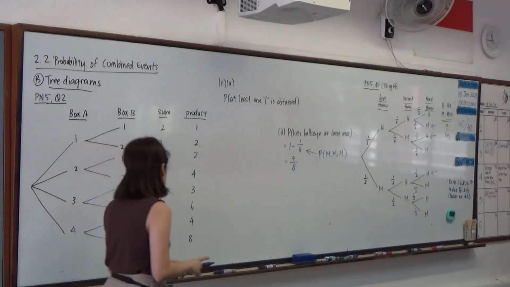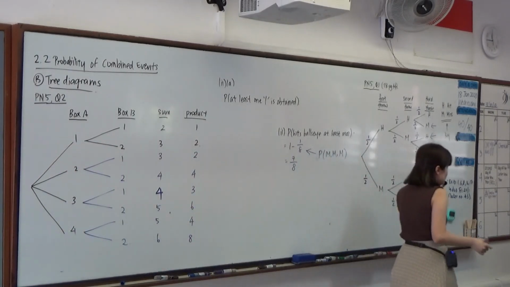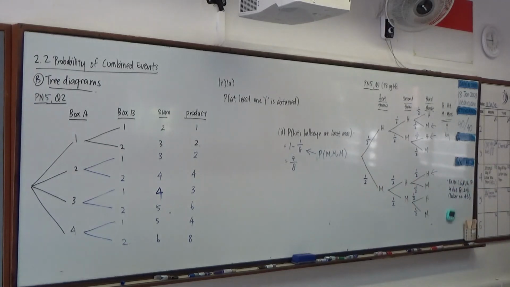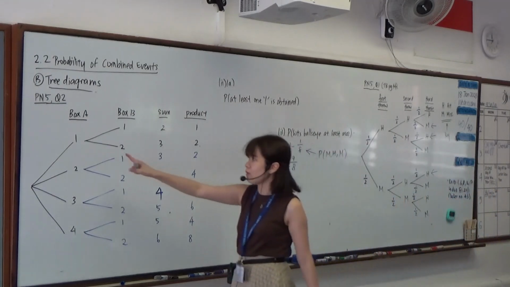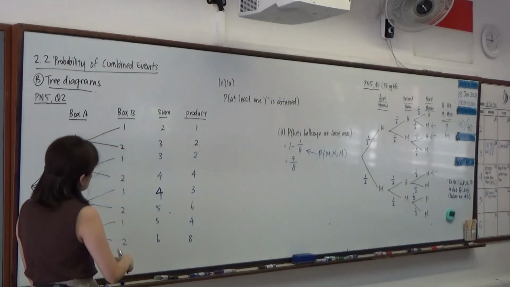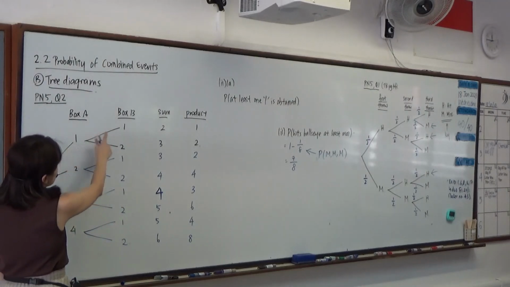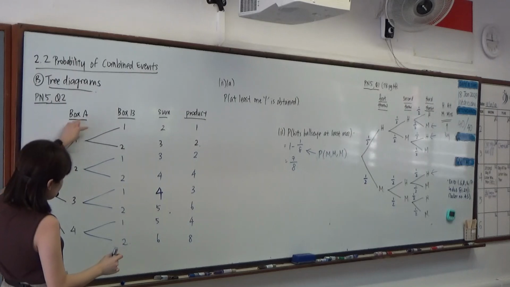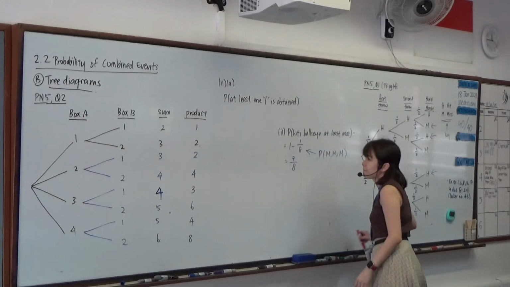Then part 2, part A, you want to find the probability that at least one 1 is obtained. So we're just solely looking at the path itself. What kind of combination? At least one 1, so that means it can be two 1s or one 1 only. So therefore we're looking at this path. Get a red marker.